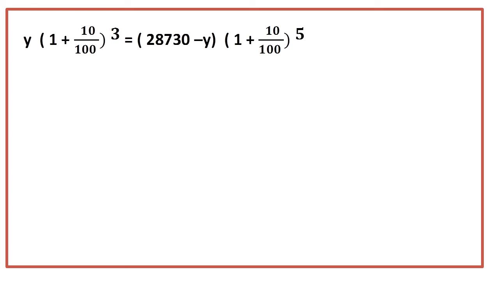In first case, that is of Mr. A, P is Y and R is 10% and n is 3. And in the second case, with the share of B, P is 28,730 minus Y and R is 10% but n is 5.